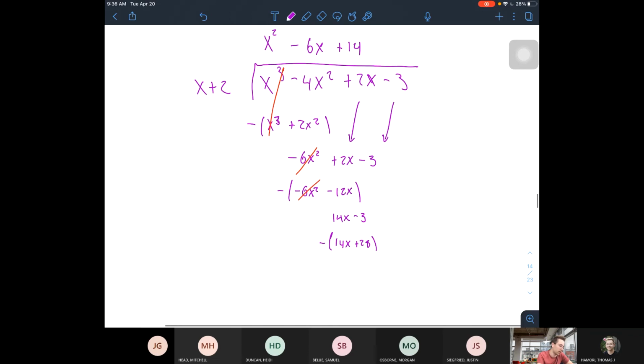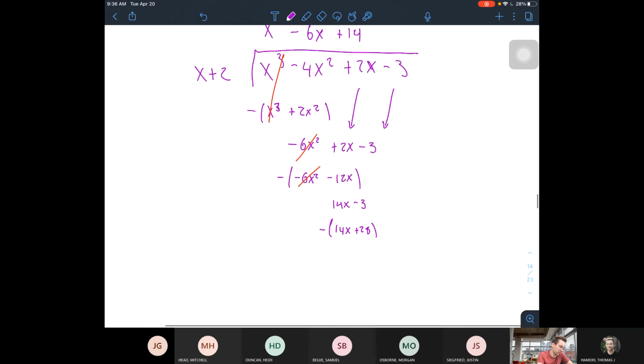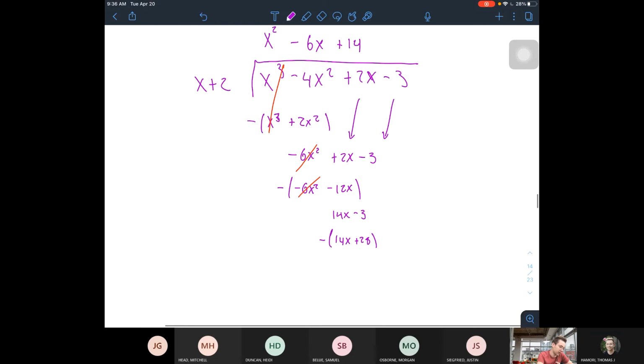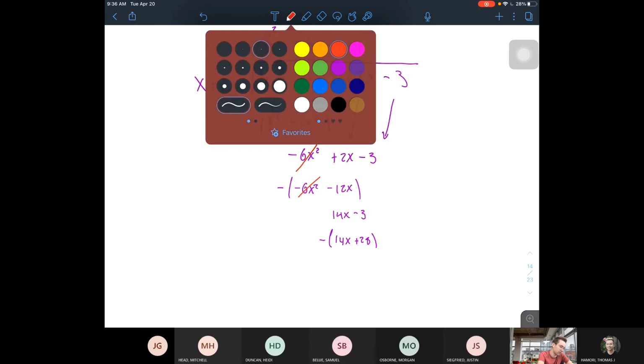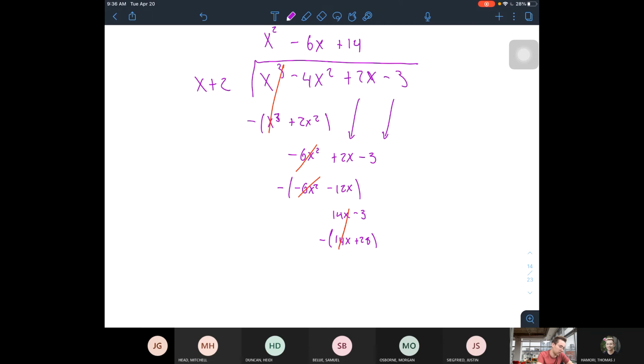And we are left with, well, the 14x's cancel, and we are left with negative 31. And this is what we call our remainder.